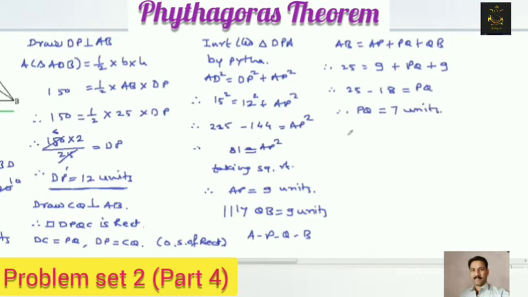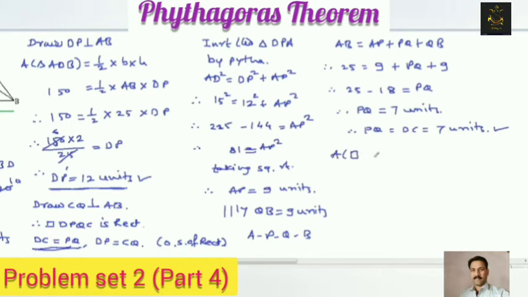Now we already know PQ and DC are the same. Therefore PQ is equal to DC is equal to 7 units. After getting all that, the height, which is DP, and DC we also know. Now it is very easy to find the area of the trapezium.